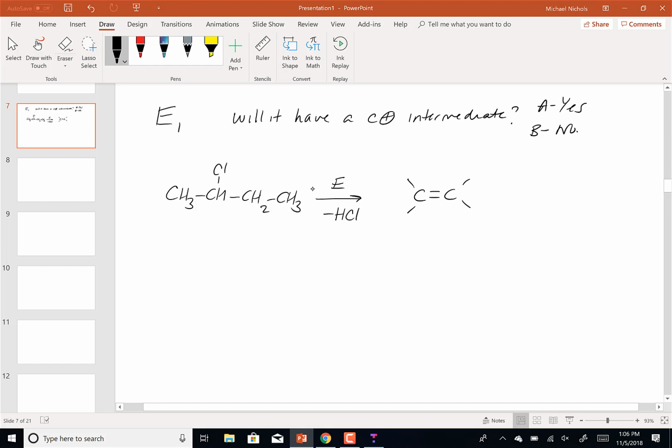So all elimination reactions produce double bonds, as opposed to substitution reactions.